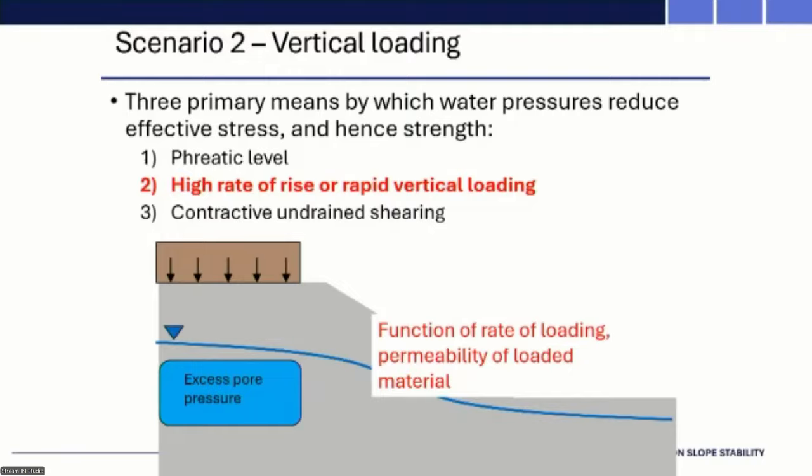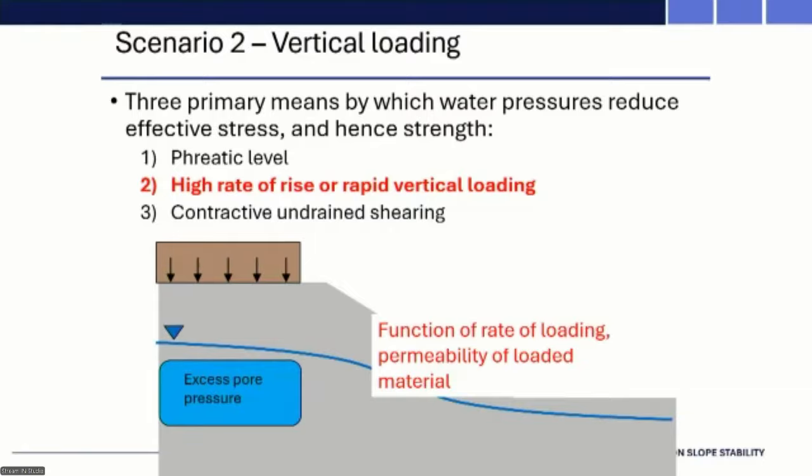Again, the term high rate is all relative, as in many things when you're talking about soils or tailings. The rate of load is high enough that it doesn't allow dissipation of pore pressure during the application of the load, which is obviously a function of how quick you're building, but also the permeability of the material being loaded.